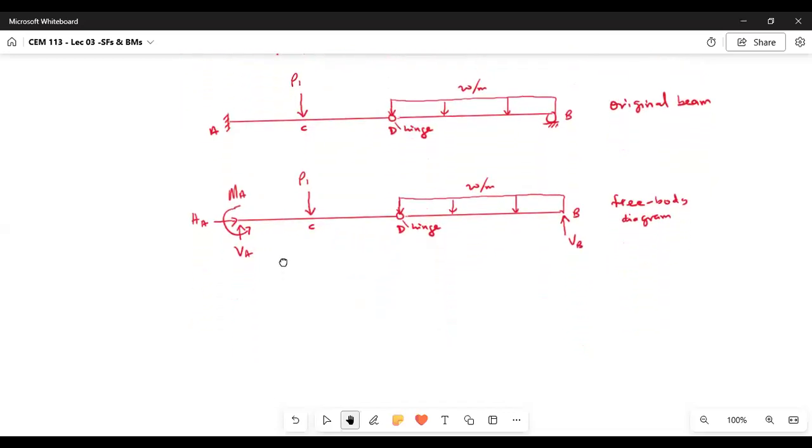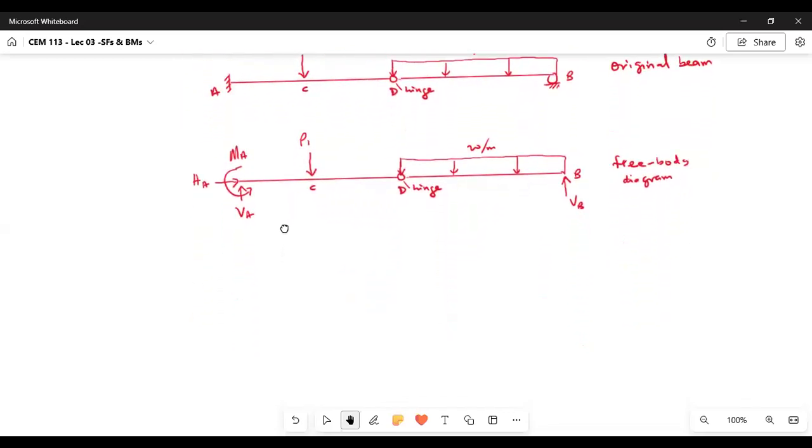So after that, it is not finished. You now have to draw the beam, separate the beam. So this is how I'm going to separate the beam. The first one is draw the free body diagram.